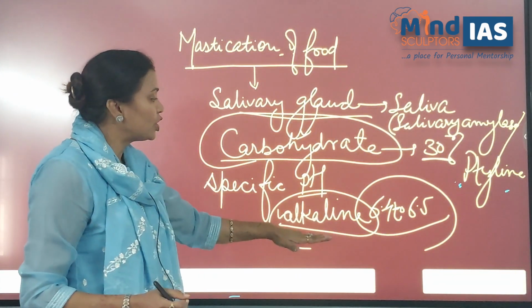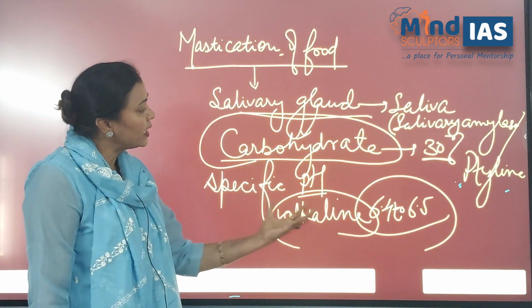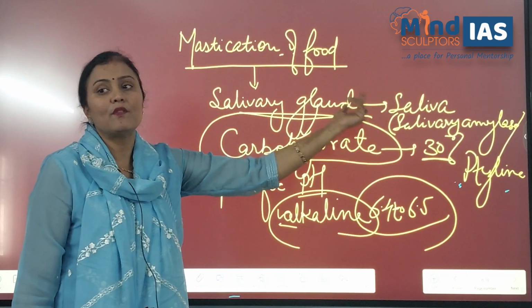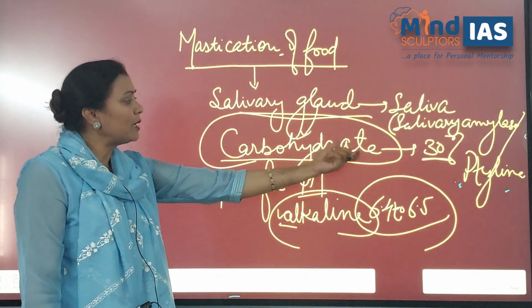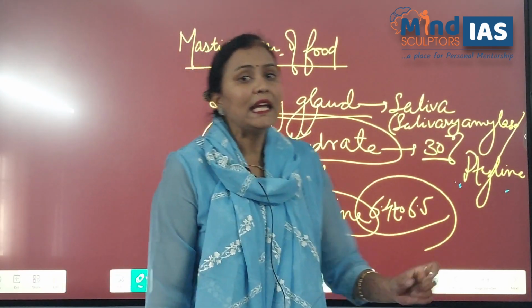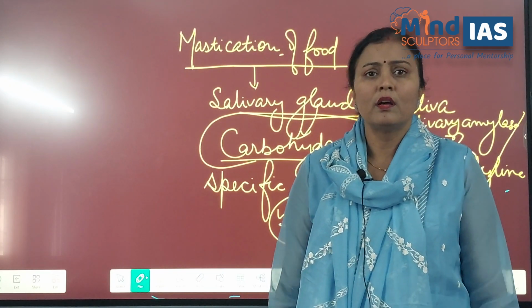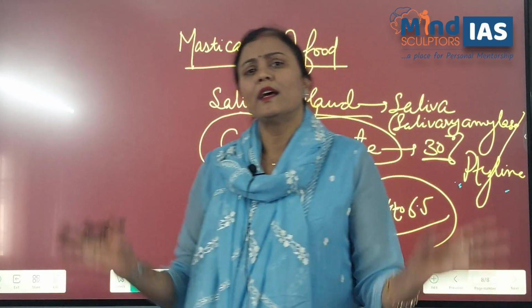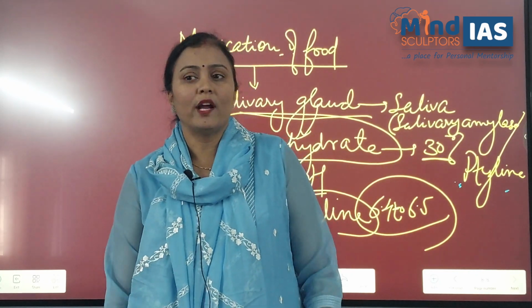So here the pH is alkaline, 6.4 to 6.5, which is helpful for the activity of which enzyme? Salivary amylase or ptyalin. So 30% of the carbohydrate itself is digested in the mouth. We masticate the food, and salivary amylase is released and digests the carbohydrate.